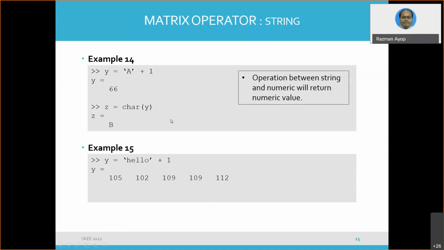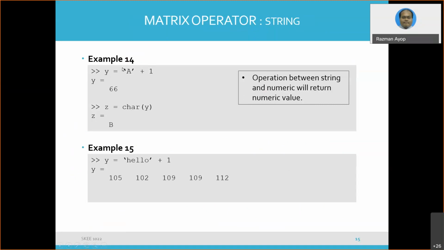Okay, next, how about strings? For strings, any operation between a string and a number will return a numeric value.